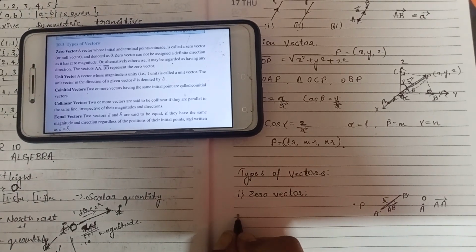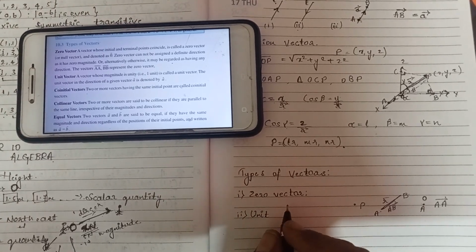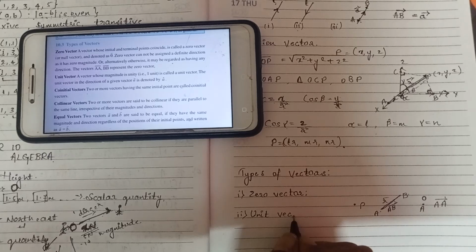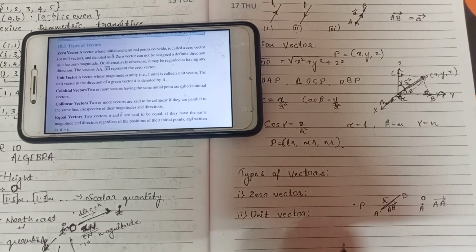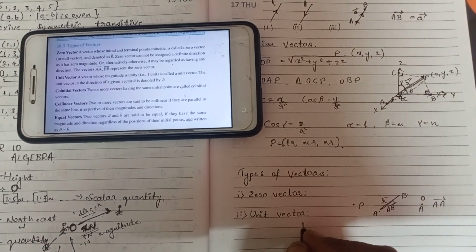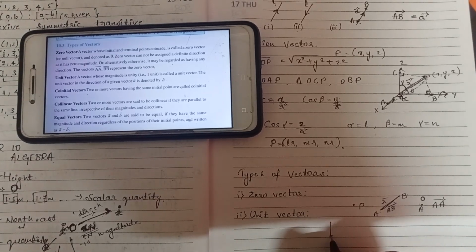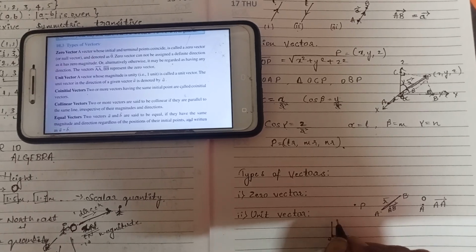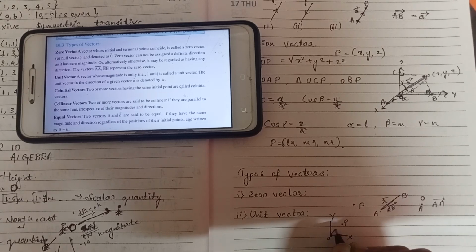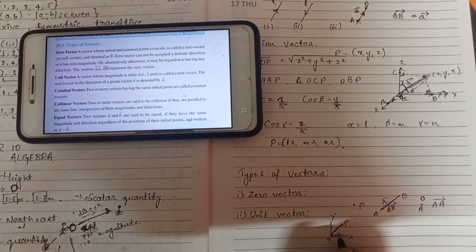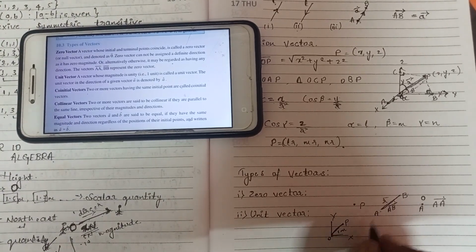Now the next type of vector is the unit vector. Unit vector means here the vector having a value equal to 1. So when I take O, the x-axis and y-axis, and this is the point P, when I join these two points, the length of this line will be 1 meter or it may be 1 kilometer or anything.